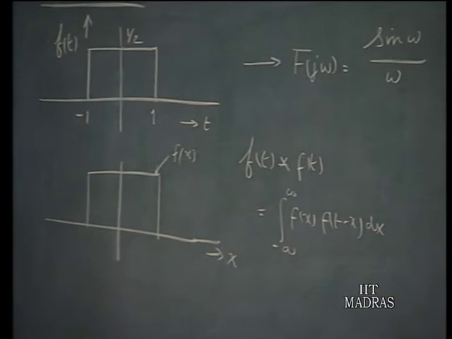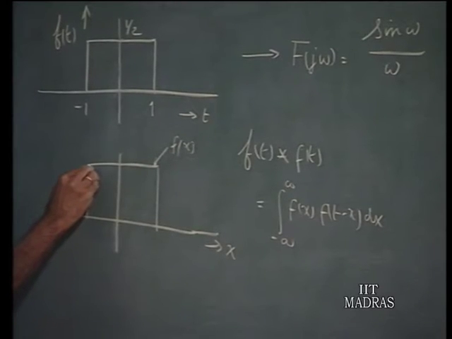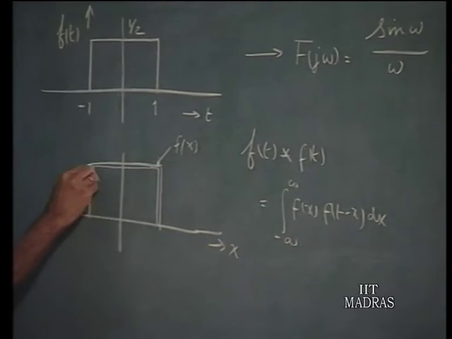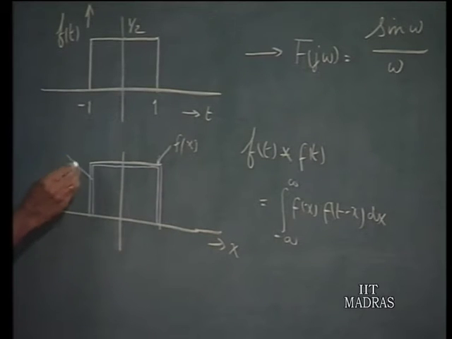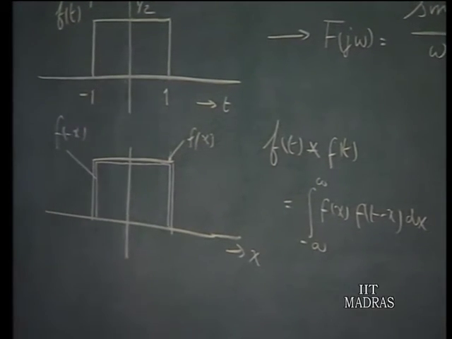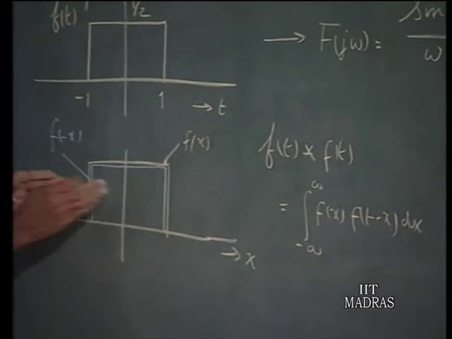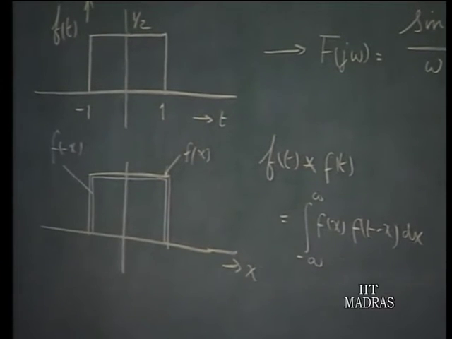That means, if I take another curve like this, I can consider it to be f of minus x, but I have to multiply f of x by f of t minus x. That means, this f of minus x curve I must push forward by an amount equal to t.